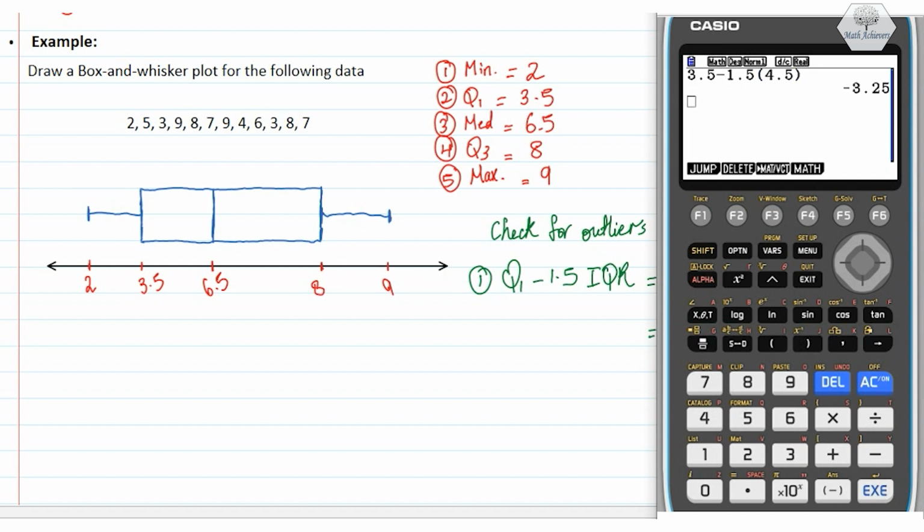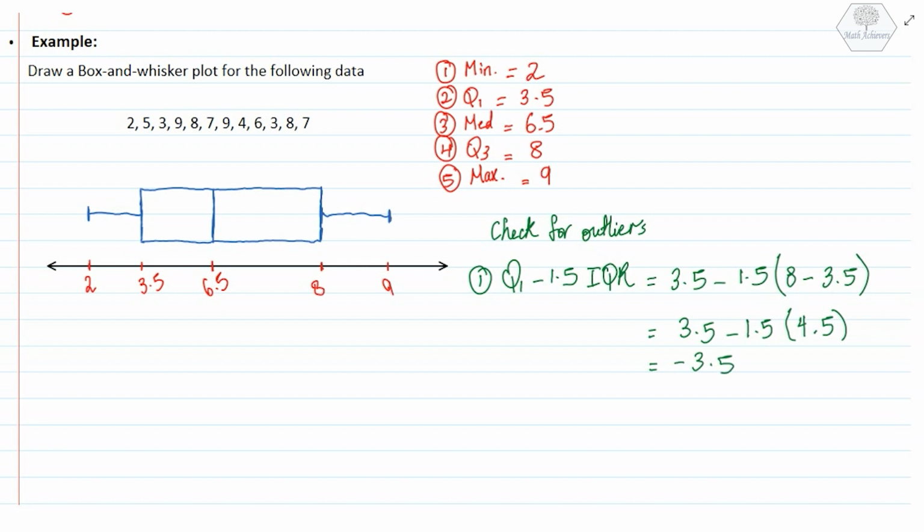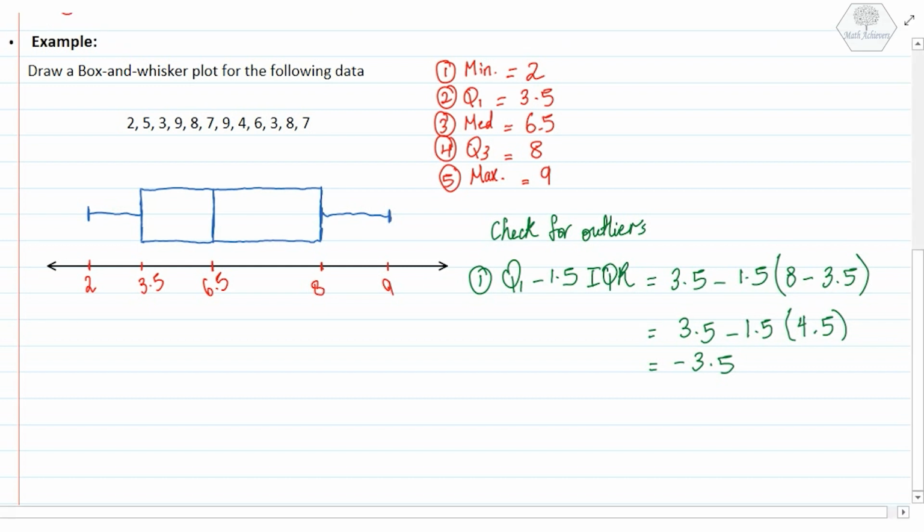This value is minus 3.5. Is there any value which is less than minus 3.5? No. So in this case, there are no outliers in here.